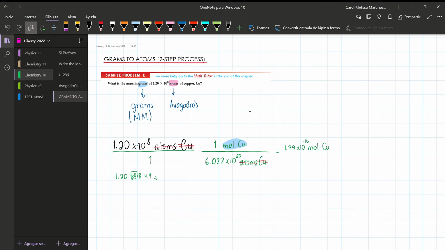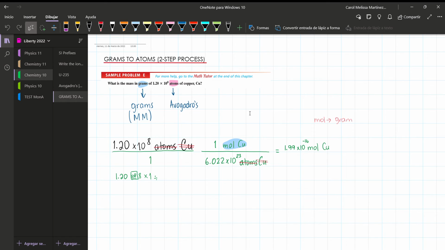But the problem is not asking me moles of copper. The problem is asking me grams of copper. So then I need to convert from these moles to grams. So how do I do this conversion? With the molar mass.